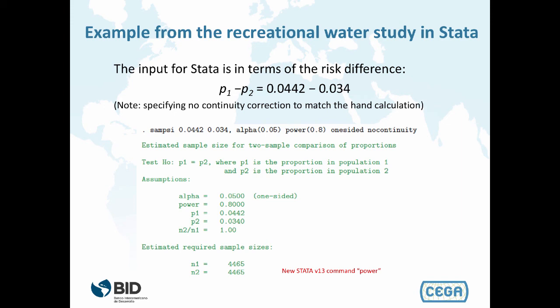Well, here we have the command sampsi 0.044 0.043 with alpha 0.05 and power 0.8 for a one-sided test. And you see below we need 4,465 observations per arm of the study in order to detect a 1 percentage point difference with power of 0.8 and alpha 0.05.